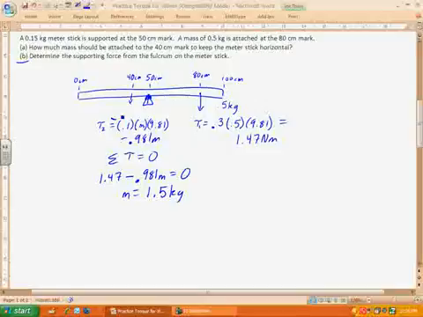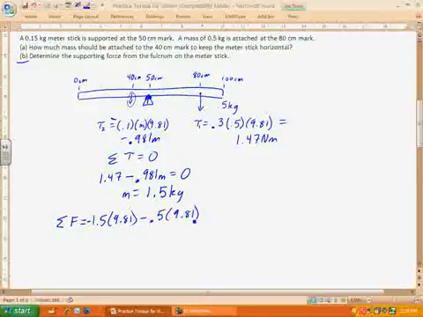So we've got the mass right here, the 1.5 kilogram mass. So that's going to be one force down. So we're going to go sum of the forces equals 1.5 times 9.81. Now that's down, so we're going to call that negative. And then we've got the other mass, which is pulling down. So that's going to be minus mass times 9.81.